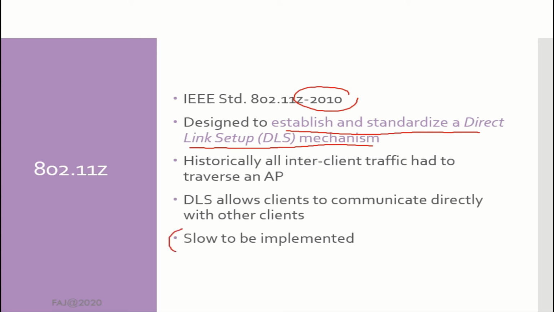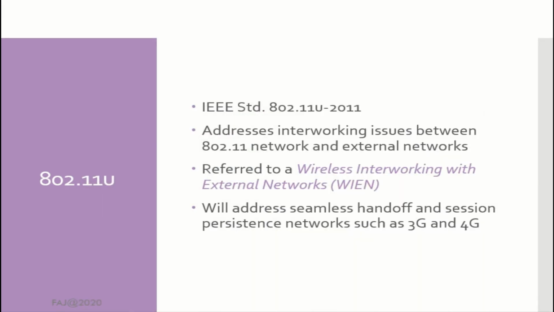Unfortunately, it is slow to be implemented. Continue with 802.11u 2011. It refers to wireless interworking with external networks, WIEN.